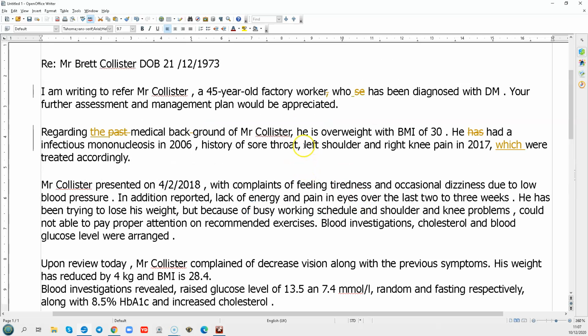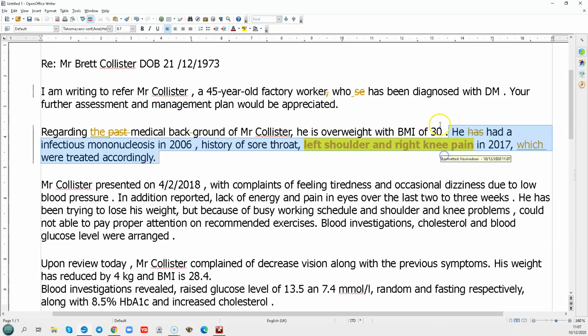So what are you telling me about his painful knee? Why do you think I would need that? Would that be irrelevant? Maybe. Sore throat, but still, you've got to think, you are writing to me, asking me to sort this guy out. He's got type 2 diabetes, and you're telling me about his aching knee and his shoulder. Do we really need it?